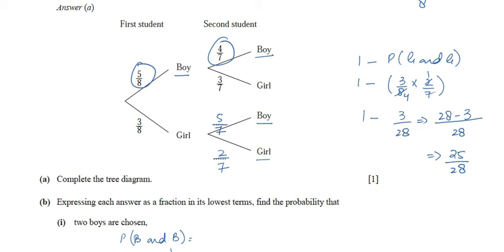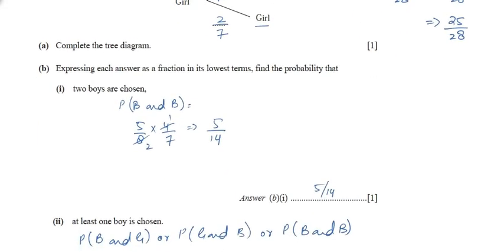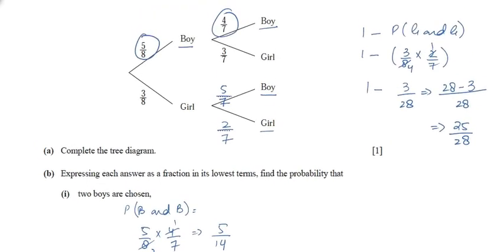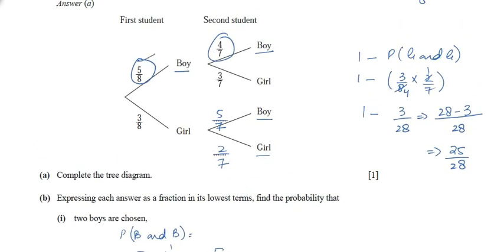So this is how we can simplify this part. Or, as I have written all the conditions here, you can do one more thing: multiply the probability of boy and boy, then write a positive sign, then multiply the probability of boy and girl, then again a plus sign, then multiply the probability of girl and boy. When you simplify this, you will get the same answer, 25 upon 28.